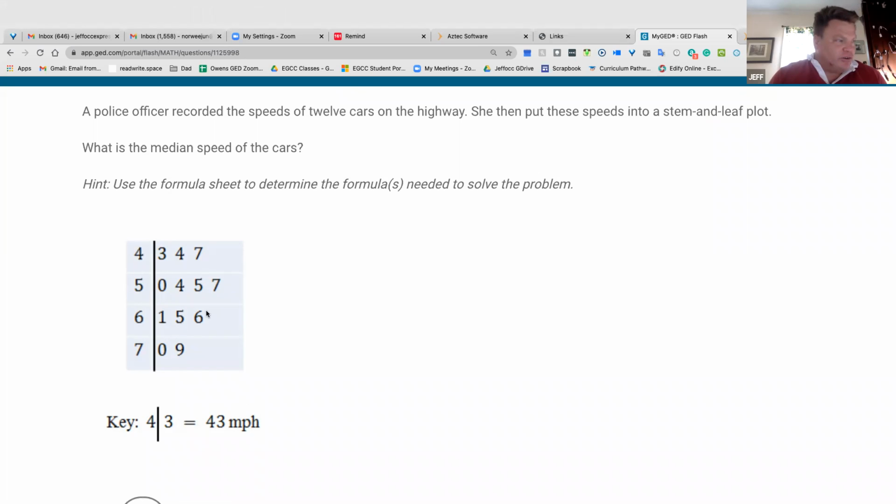Well, first things first. This is just a way of showing all the people traveling in the 40s. This is 43, this is 44, this is 47. So instead of rewriting 43, 44, and 47, there's 3 speeds here, 43, 44, and 47.